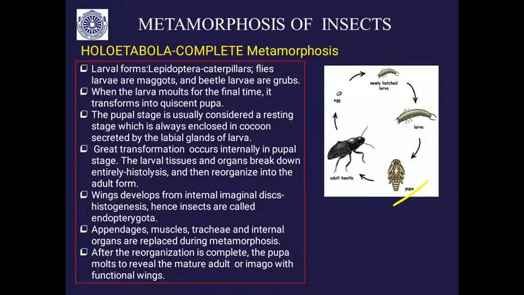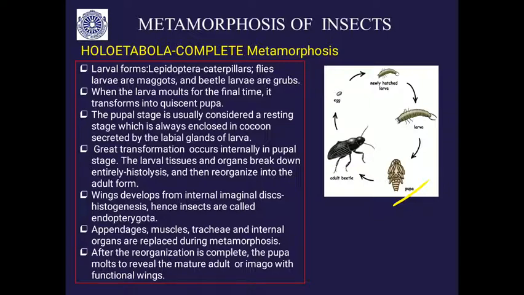In many cases the pupal stage is enclosed in a cocoon, which is secreted by the labial glands. In the case of silkworms, they secrete a silky cocoon.